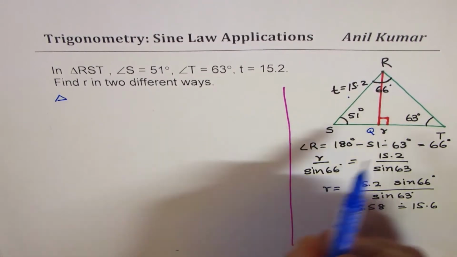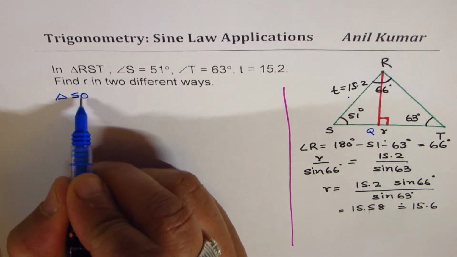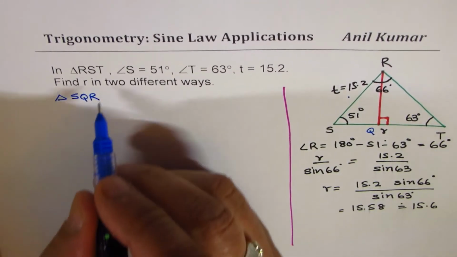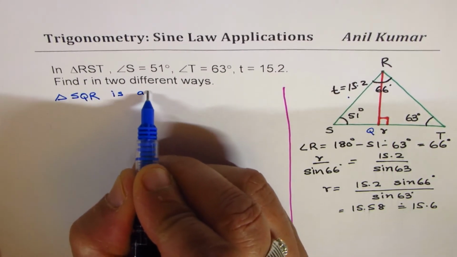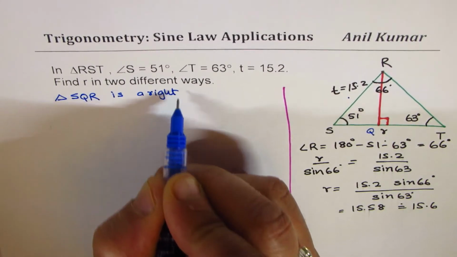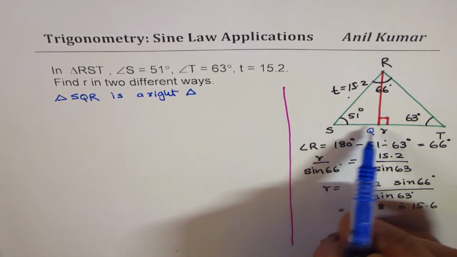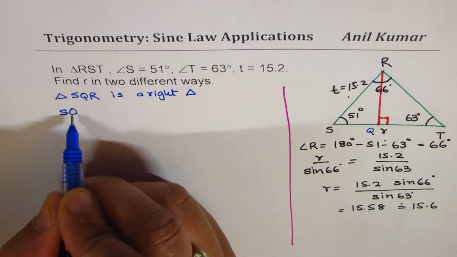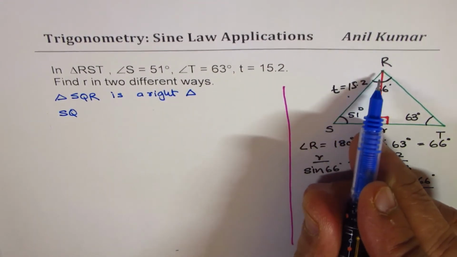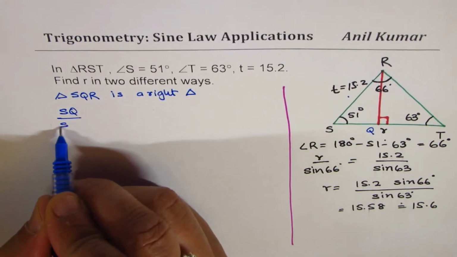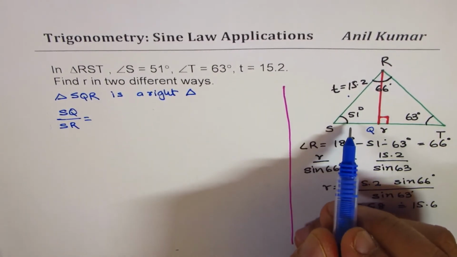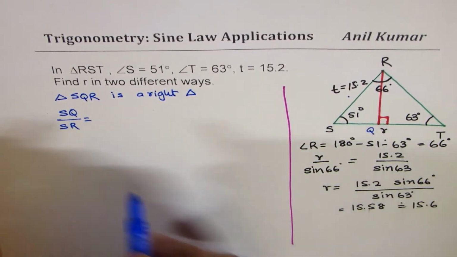In that case, SQR triangle is a right triangle. Correct? So we can find SQ, since SQ over SR is equal to cos of 51 degrees.